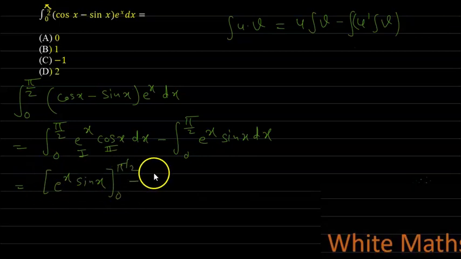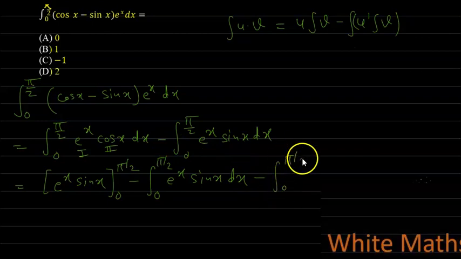pi by 2 minus limit 0 to pi by 2 derivative of first function, that is e to the power x is itself e to the power x, and integral of cos x is sin x dx, and write this as it is, that means minus 0 to pi by 2 e to the power x sin x dx.